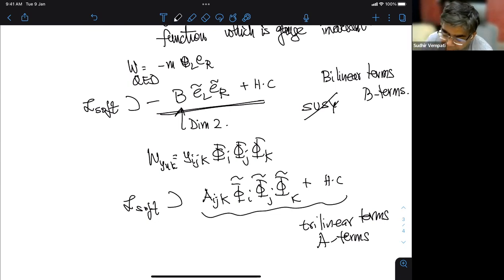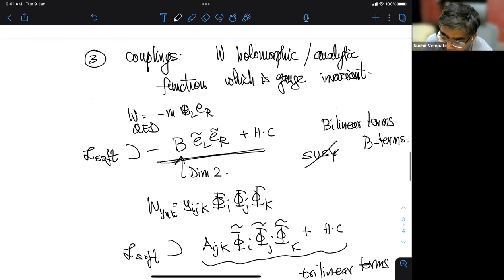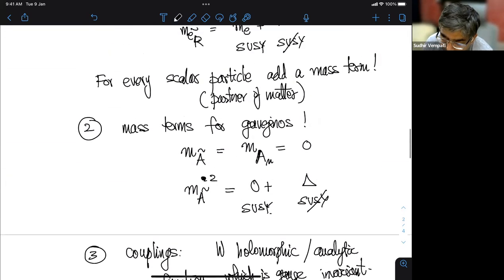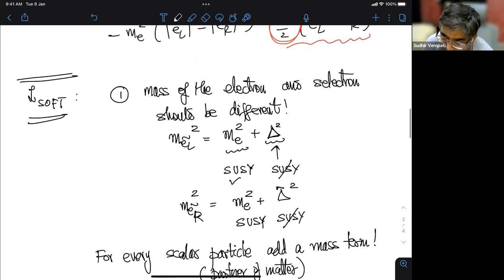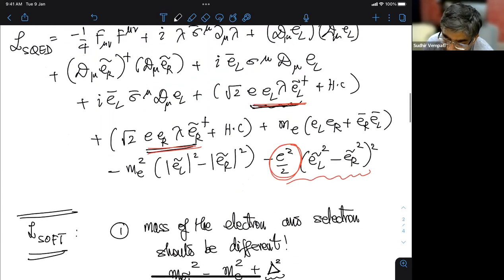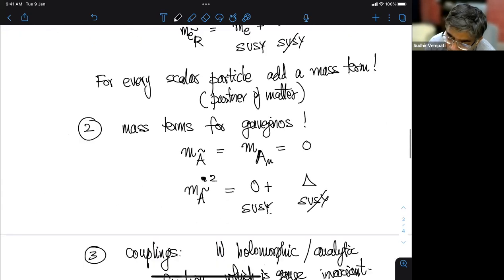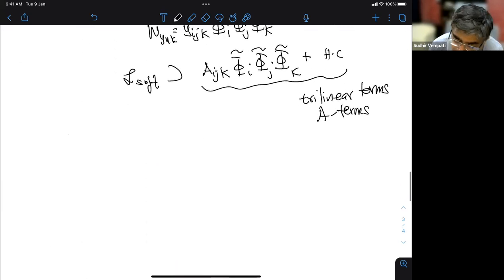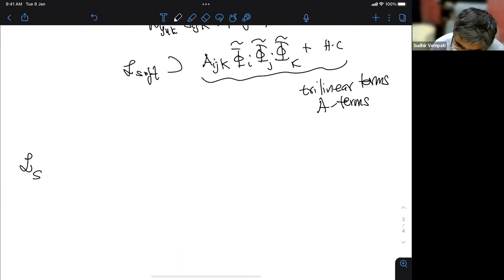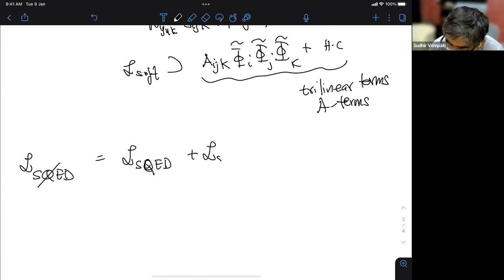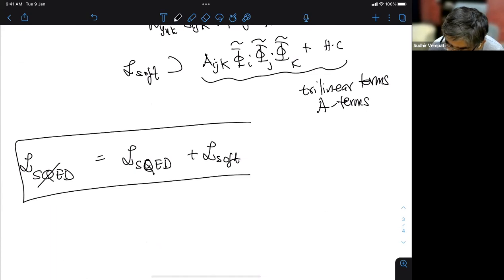So all this together will form the total Lagrangian, which also breaks supersymmetry. So your total L broken SQED is equal to L SQED plus L soft. So this is the form we should remember.